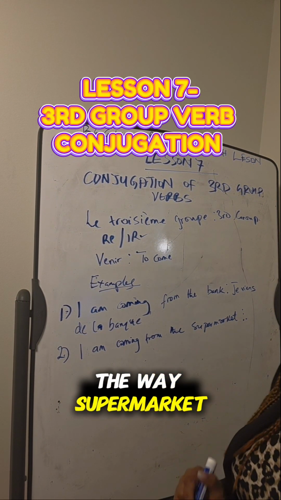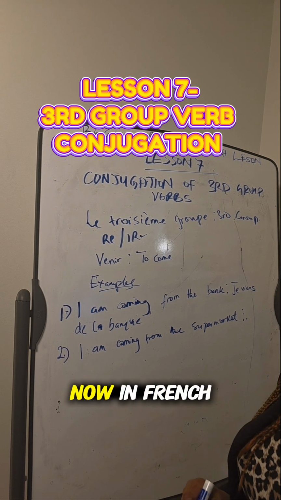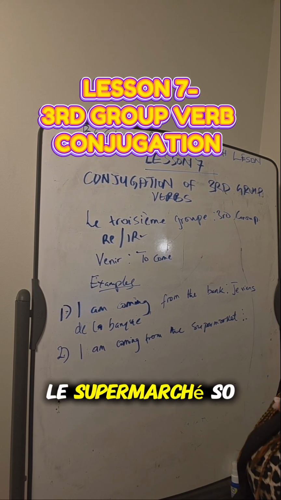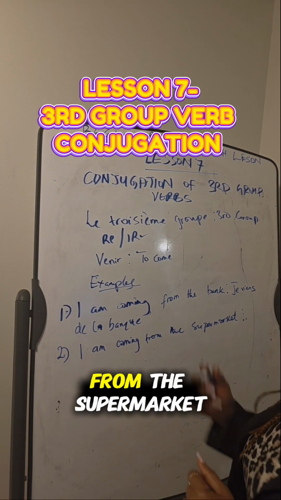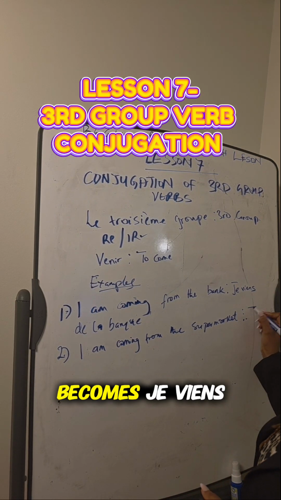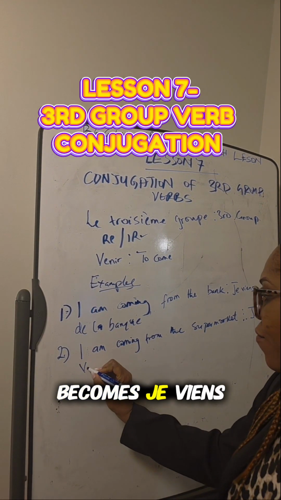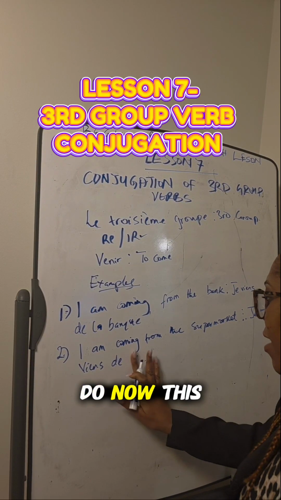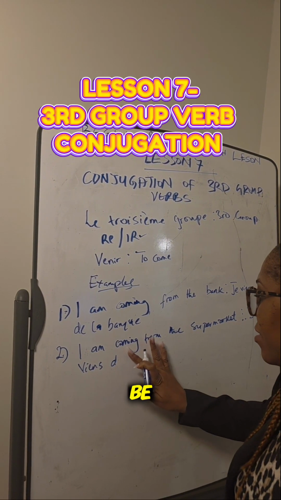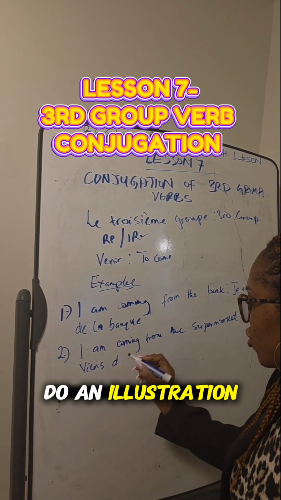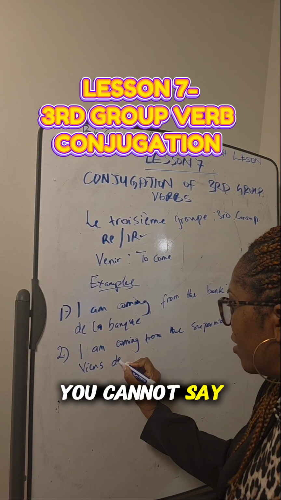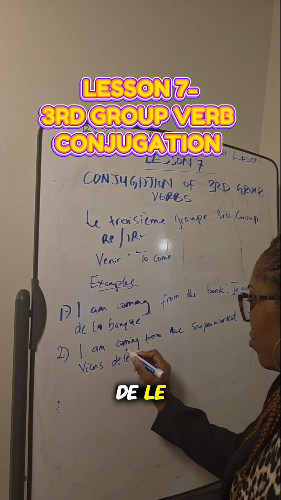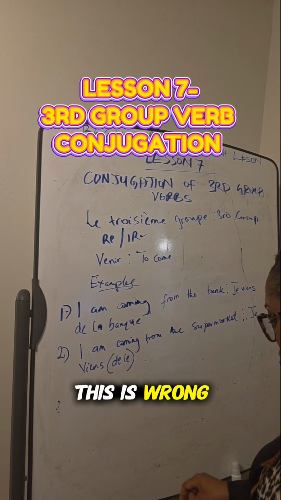By the way, supermarket is a masculine gendered noun. In French, we call it le supermarché. So I am coming from the supermarket becomes je viens de. Now, I'm going to do an illustration here. You cannot say "de le". This is wrong.